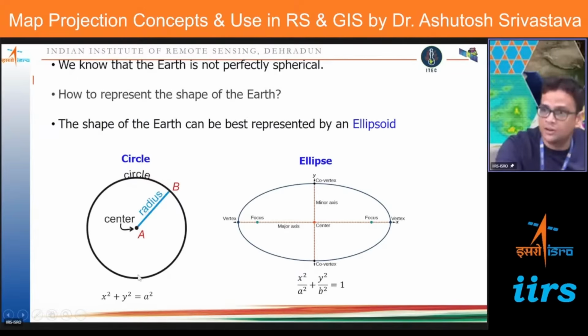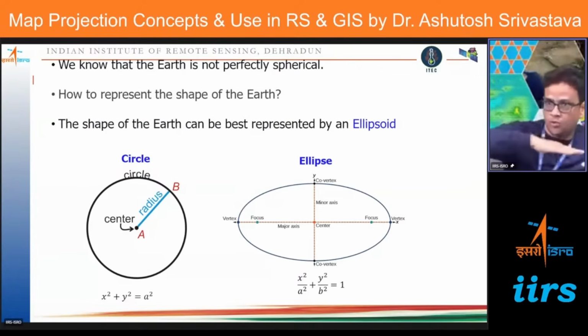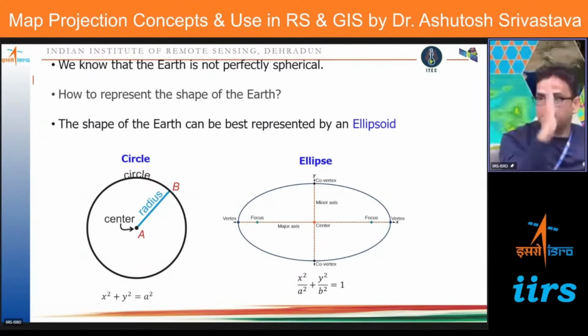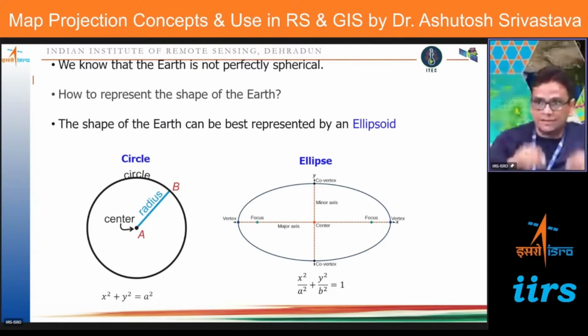Radius and diameter will be there in the circle, and in the ellipse case it will be the minor axis and the major axis. The complete double distance, the vertical distance which is just reduced, is called the minor axis, and the horizontal distance, which is just expanded, is called the major axis.